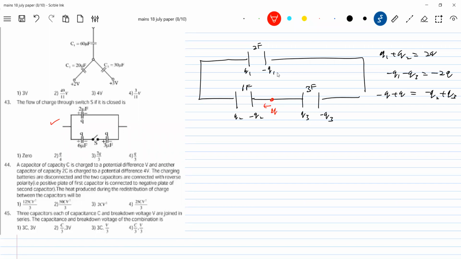So what is the delta Q? If you are getting confusion with negative signs, you assume like this, delta Q. So what is the basic idea? Plus Q charge was already there, plus delta Q charge entered, and it has become Q3. So solve from here for Q3, check the delta Q.